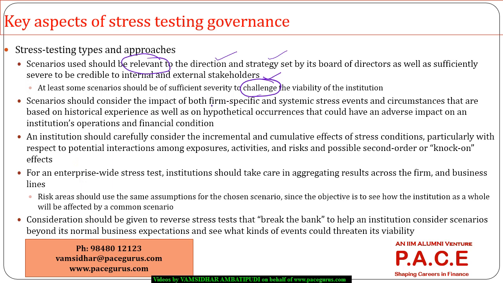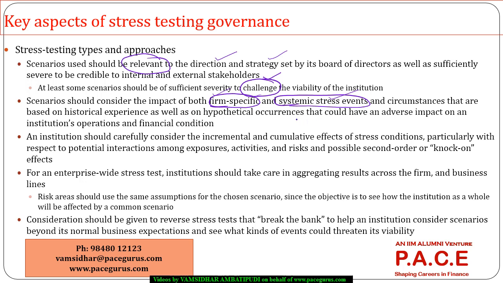So, firm specific and systemic stress events. Firm specific stress events need to be included. Profitability of the firm going very, very bad, right? Or one or two key customers not paying their credits, not paying on time, or some vendor refusing to supply the material suddenly. These are all firm specific stress events, but at the same time we have systemic stress events coming up.